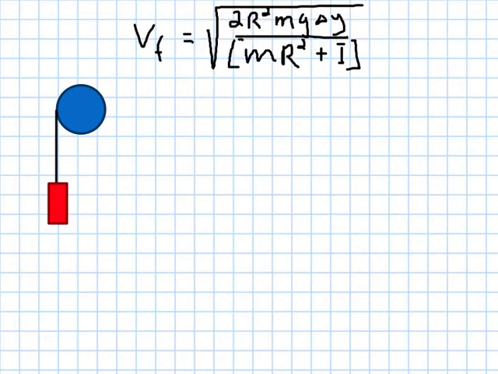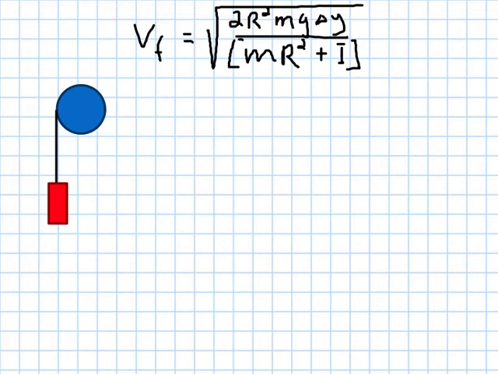Alright, so here's the point in the solution that we came to on the last screen, that the final speed is equal to the square root of 2 times r squared times the hanging mass times the acceleration of gravity times the distance that it falls, divided by, in brackets, the hanging mass times the radius of the pulley squared plus the pulley's moment of inertia.